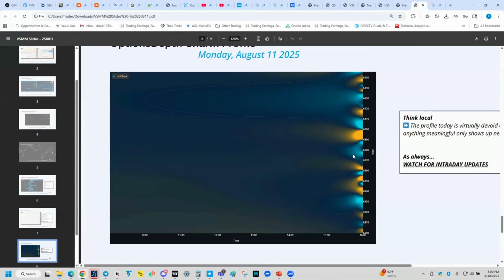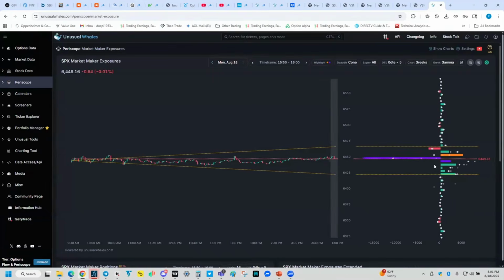And so what this is showing us, no, this isn't SpotGamma's Trace. This is Options Depth, and this is charm. This would be the same thing as Trace.